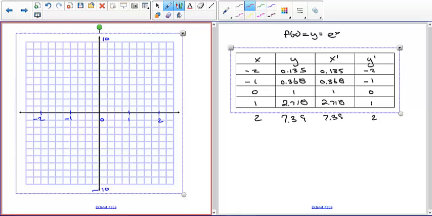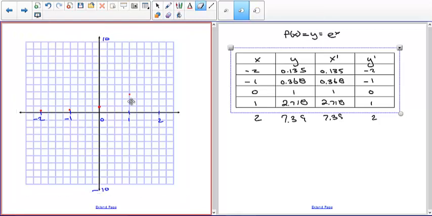Okay. So first point, -2, 0.135. So that's really close to the x-axis. -1, 0.368. So that's a little bit below halfway. 0, 1. 1, 2.78. So it's 1, 2, 2.78.